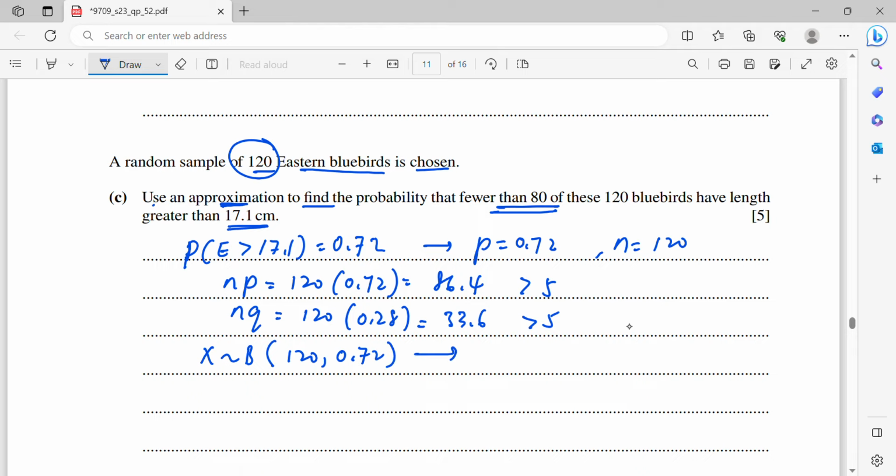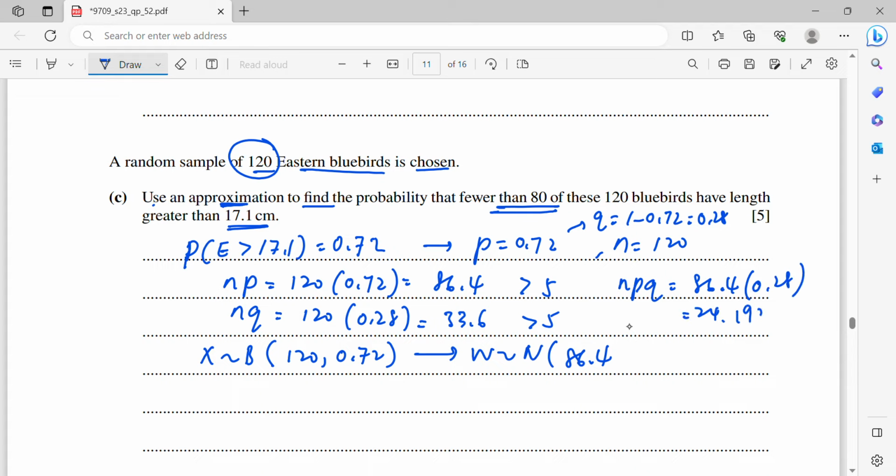Now it will be normally distributed with mean 86.4. Now I need to count what is my npq. So npq is 86.4 times, my q here is 1 minus 0.72, which is 0.28, and then I will get 24.192. That is my variance.